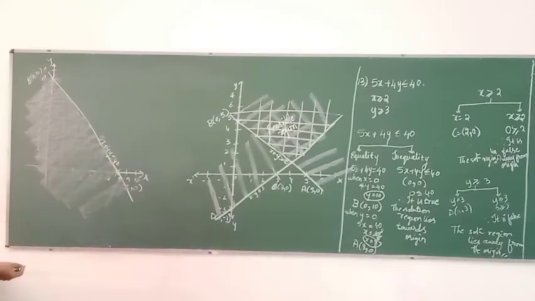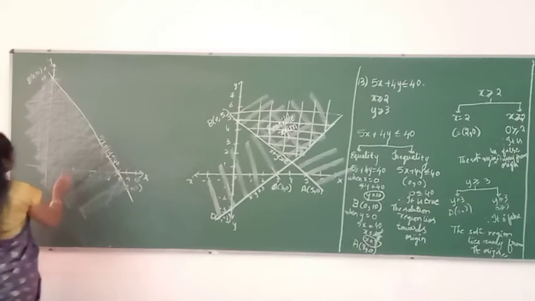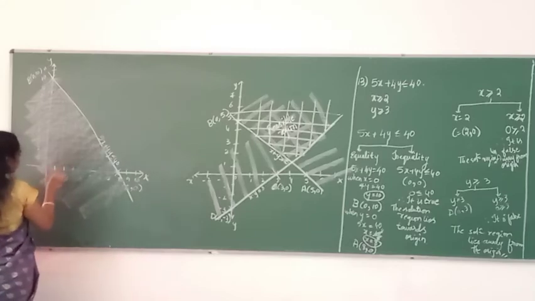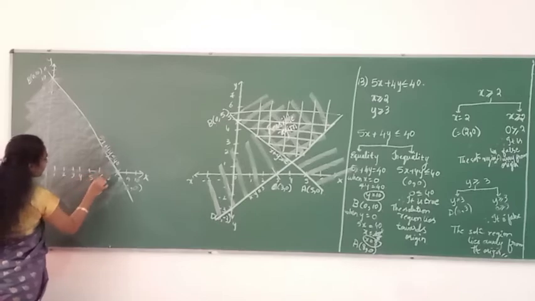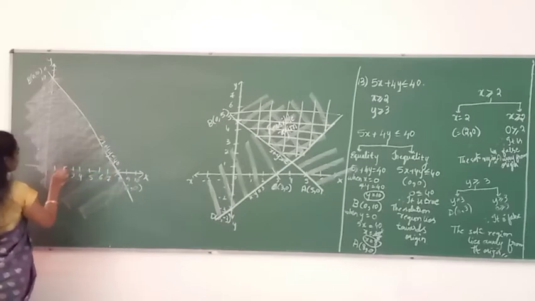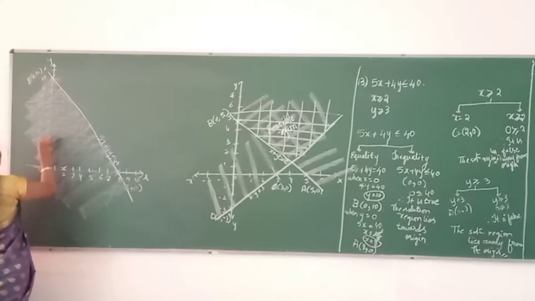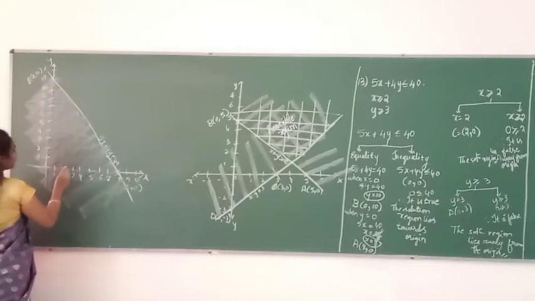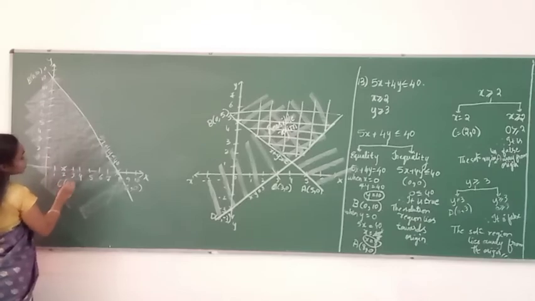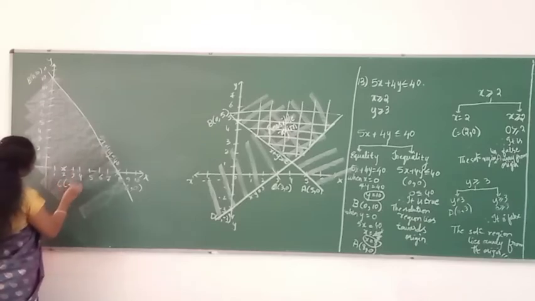And the second one, what we have, C coordinate point, is nothing but 2, 0. So I think you will be getting here 2. So C coordinate is nothing but 2, 0.